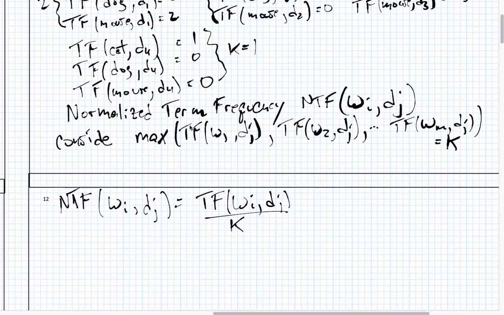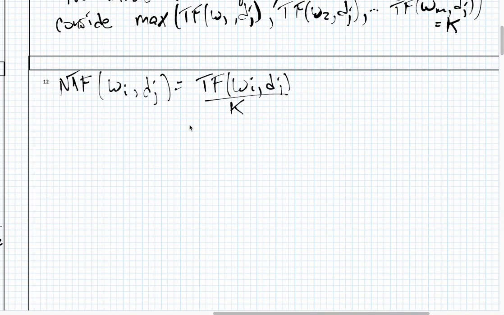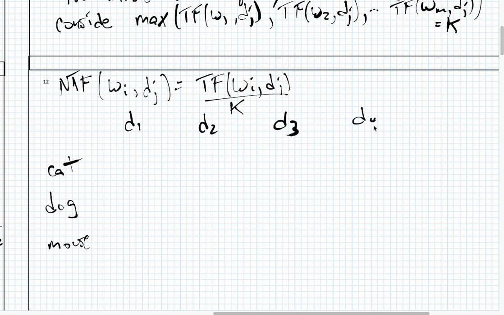So I'm going to make a little table here. I'm going to have cat, dog, mouse, and over here D1, D2, D3, D4.